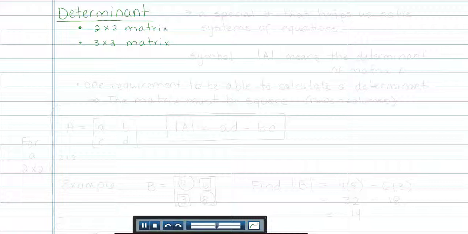What is a determinant? A determinant is a special number that helps us solve systems of equations.